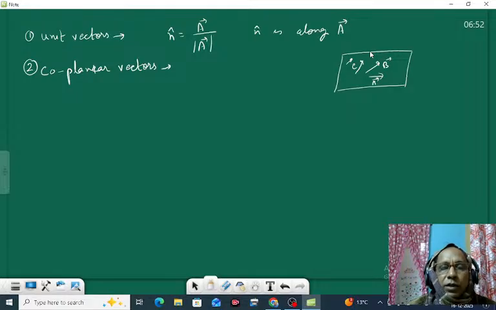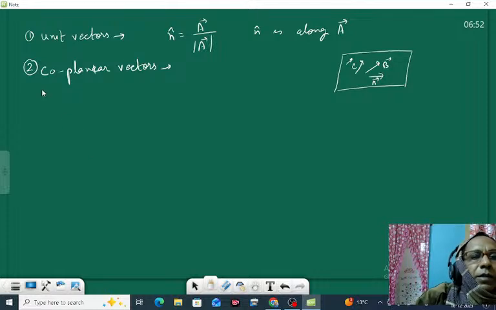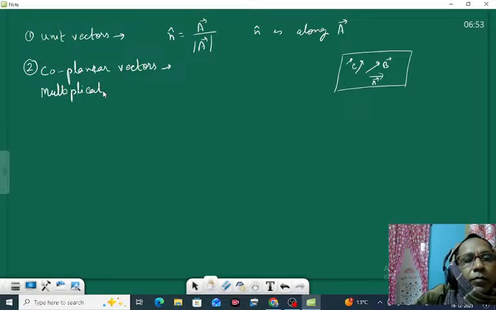Those vectors which are in the same plane are known as coplanar vectors. Besides addition and subtraction, there is also multiplication of vectors, that we are going to learn.